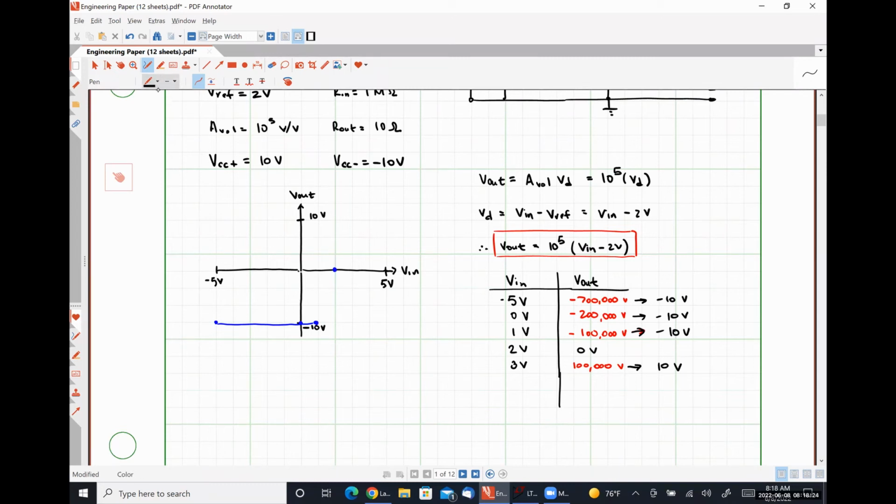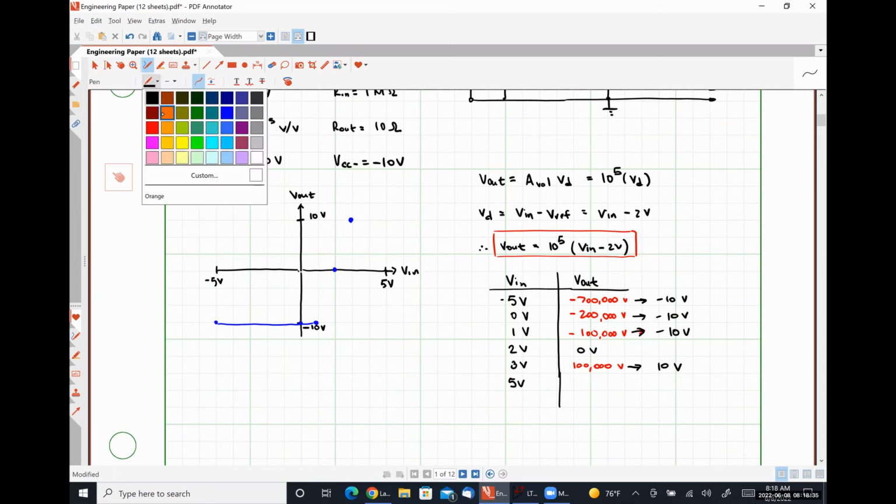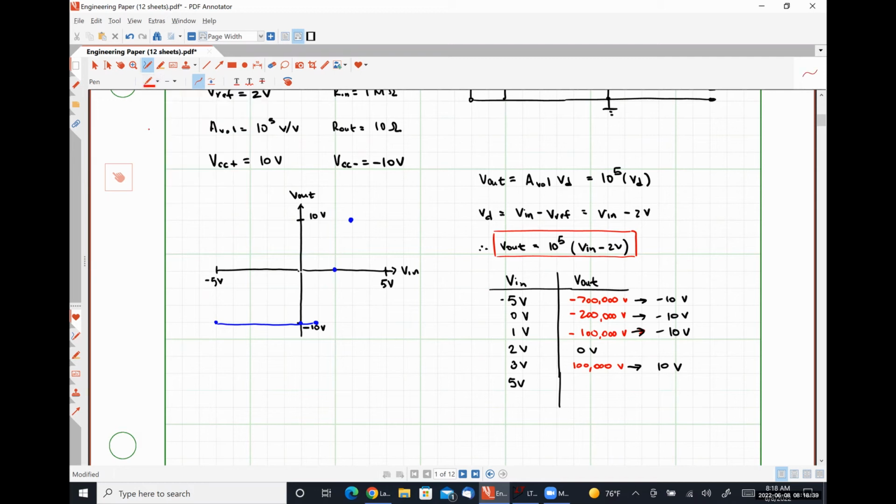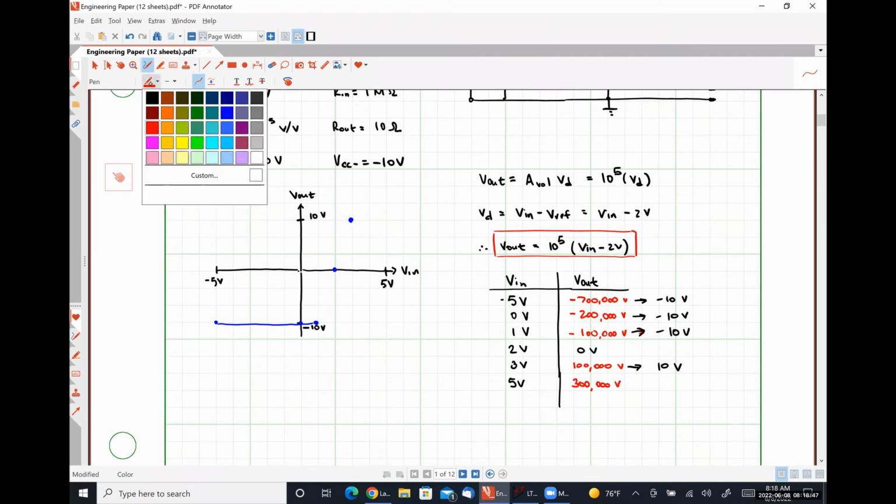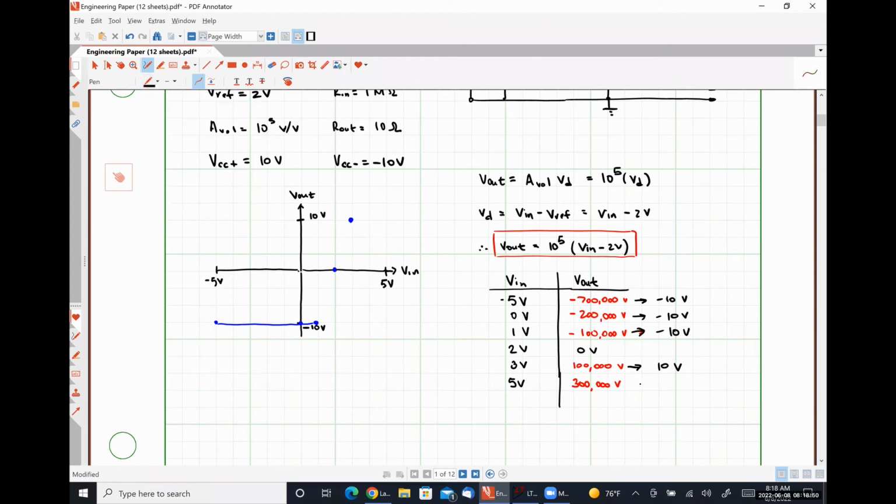And let's look at what happens at 5 volts. At 5 volts, we have 10 to the 5 times 3. So that's 300,000, which is, again, much greater than VCC plus. So we're still at 10 volts.